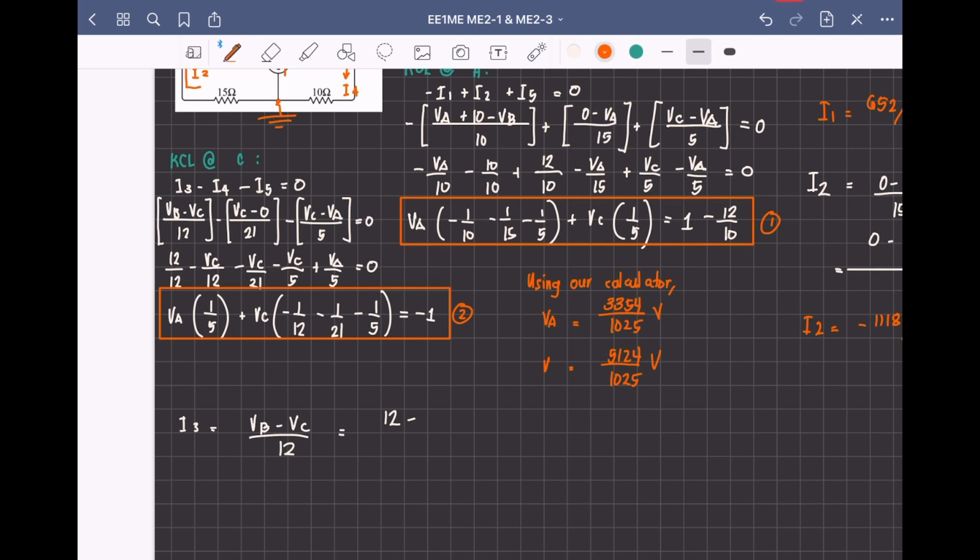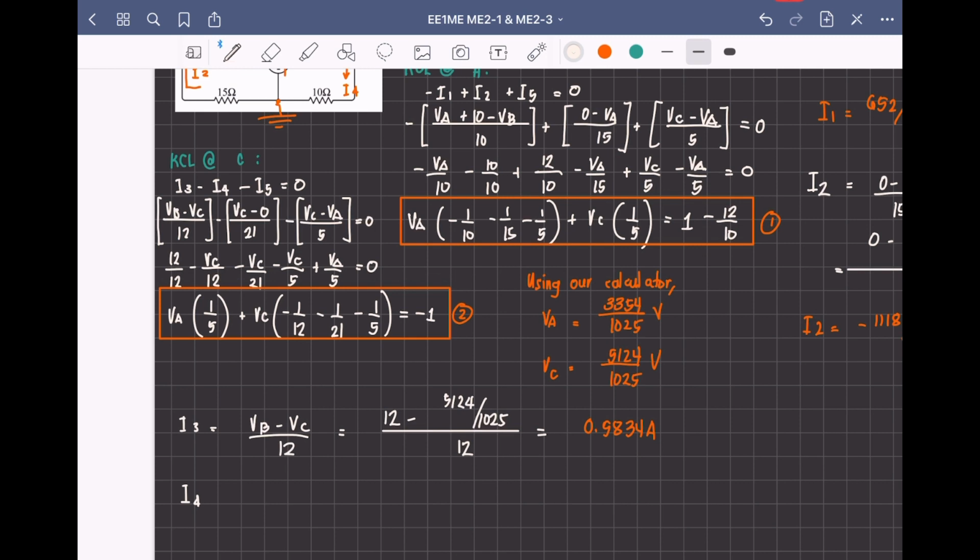Those are the variables that you have in your equations. So VB, which is 12, minus VC, which is 5124 over 1025, and then divide this by 12 ohms. So I3 will be equivalent to 0.5834 amperes.